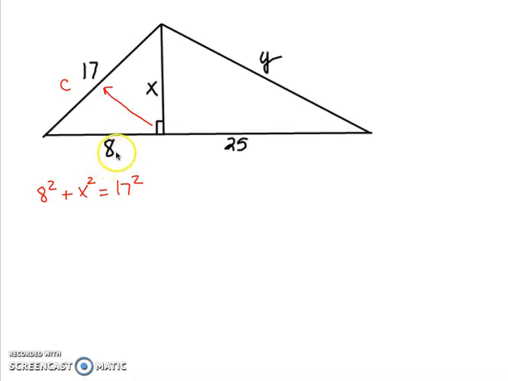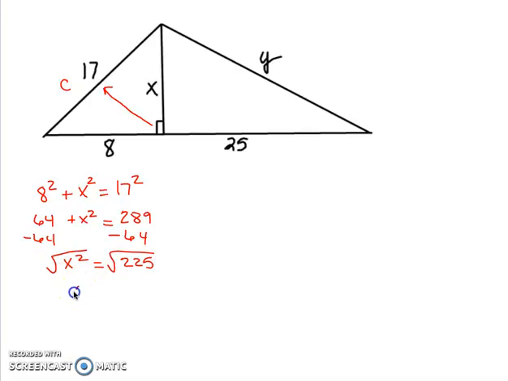If I set that up, we're going to get 64 plus x squared equals 289. So if I subtract 64, take the square root of both sides, and you would end up with x equals 15.